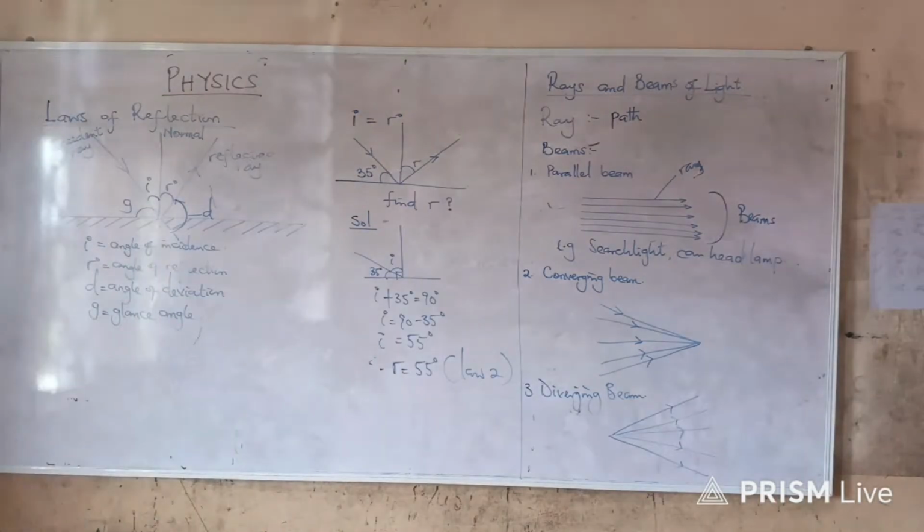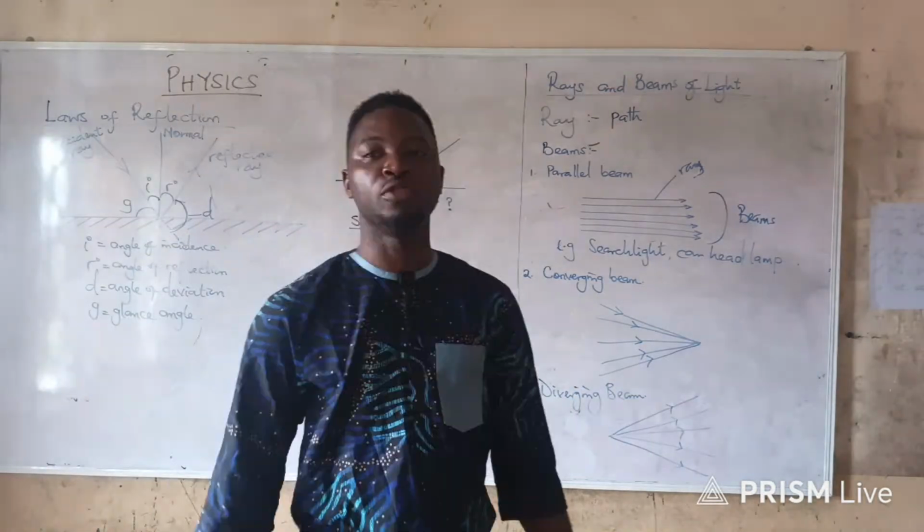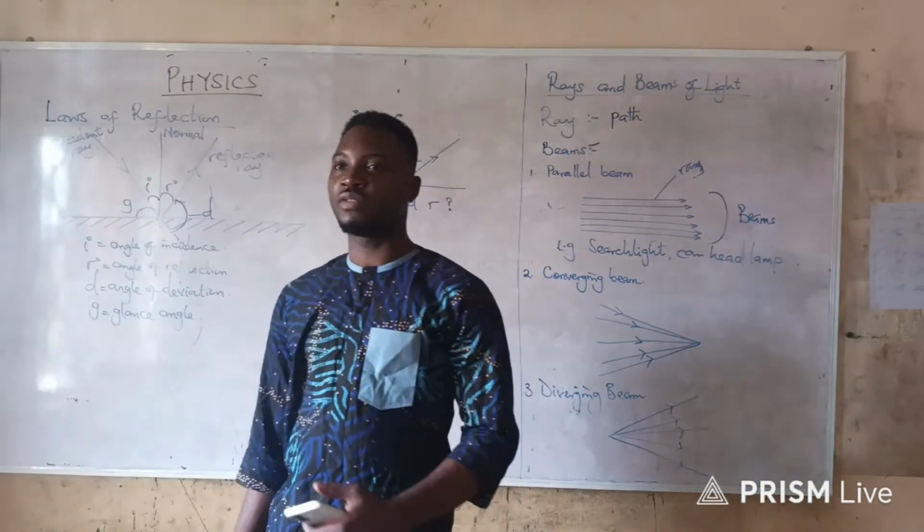Light from projector lens, most of them are converging. Do you know what is called a projector? Yes. Light from projector lens is also a good example of a converging beam of light.